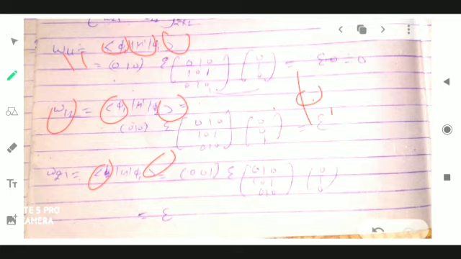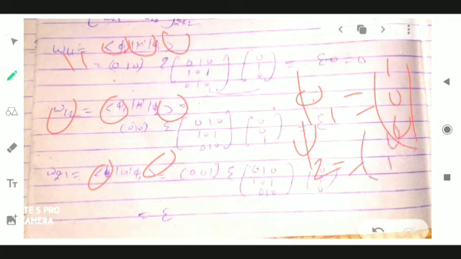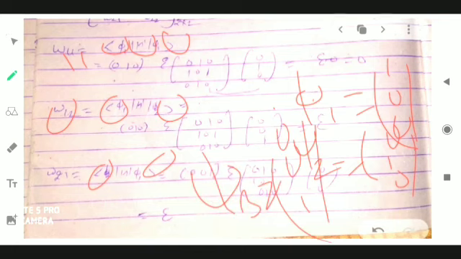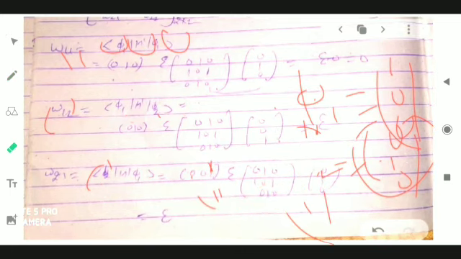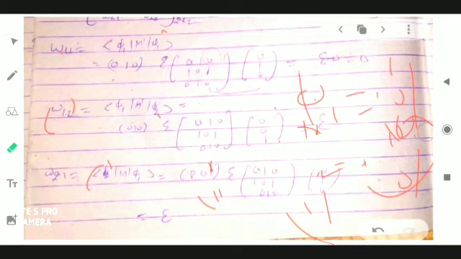And what are phi1 and phi2? For a 3 cross 3 matrix you can take phi1 as 1 0 0, phi2 as 0 1 0, and phi3 as 0 0 1. Here I take phi1 equal to 0 1 0 and phi2 equal to 0 0 1.